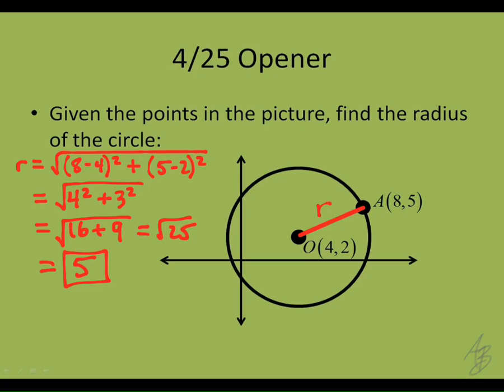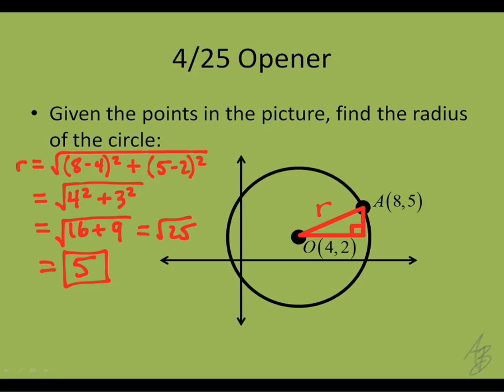A right triangle. Where's the right triangle in this picture? I don't see it right now. Tatiana, what do I do to draw the right triangle in? Yeah, that's what I do. I can go straight across from one and straight down from the other, and we end up with this right triangle right here.